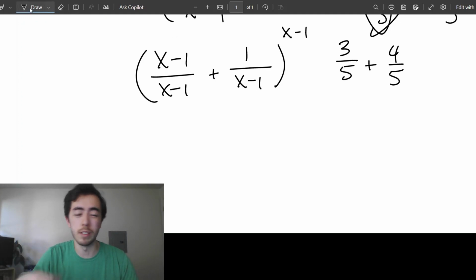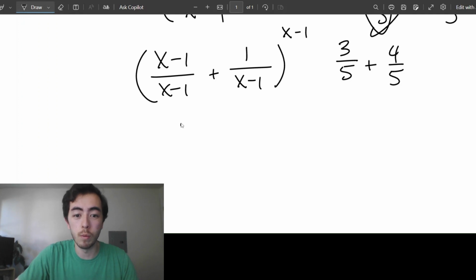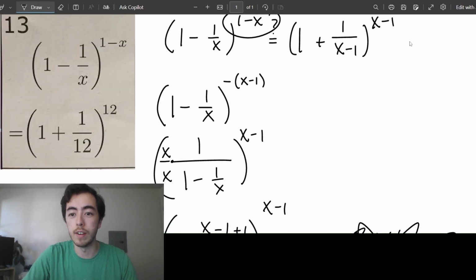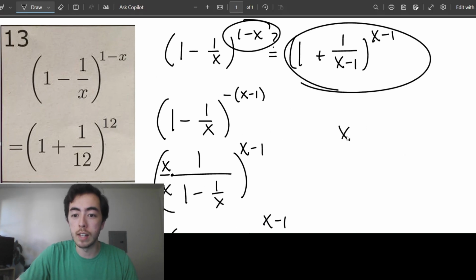That would be this weird indeterminate form because I'm dividing by 0. But if x is any other number that isn't 1, it's totally fine. And I can call it 1 plus 1 over x minus 1, and then to the power of x minus 1. And this is precisely what we have here on the right side of the equation. So as long as x is not equal to 0 and not equal to 1, then this equality holds true.